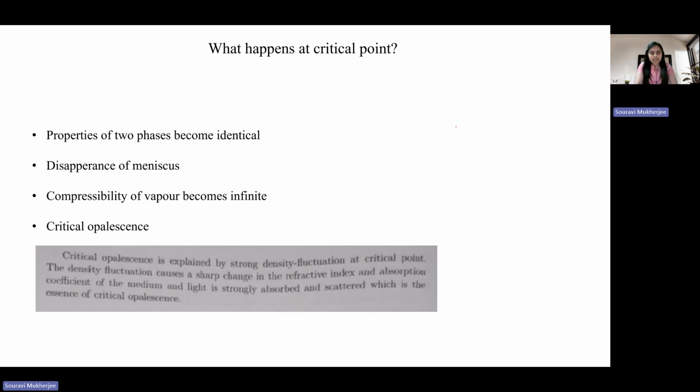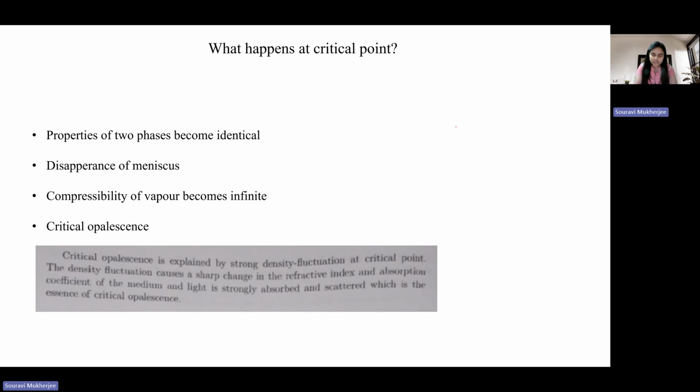This is typically associated with something called critical opalescence, where the local density fluctuations become too high, which changes the local refractive index and the absorption coefficient of the medium. There is strong absorption and strong scattering, because of which the medium looks opaque. This is what is called critical opalescence.